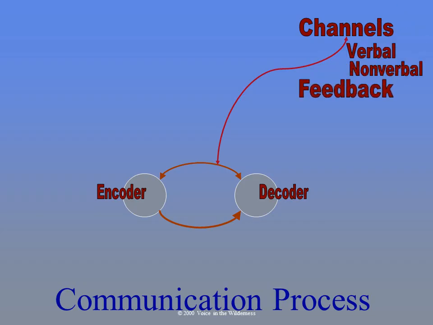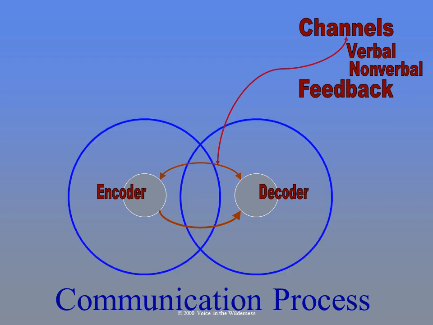When it's going both ways, we have feedback going on, those little arrows showing it's going both ways. It's important to remember that the communication process is a transactional process. The encoder is also a decoder, and the decoder is also an encoder in any communication situation.